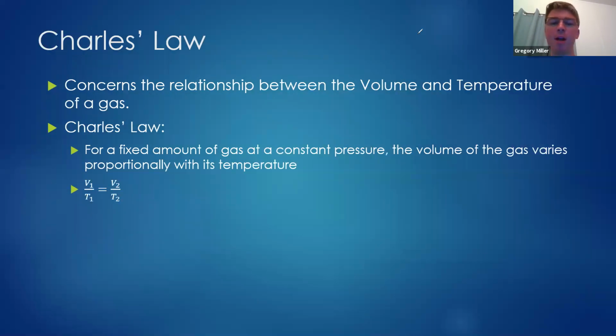Charles' law is very similar. Constant pressure this time and constant amount. Volume and temperature change. And as volume goes up, temperature goes up. They vary proportionally instead of inversely. And this makes sense. If you take a hot air balloon, they create fire under the balloon, and as that air heats up, it expands, which causes the balloon to expand and then float.